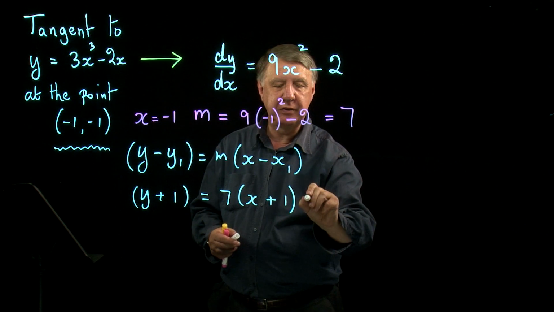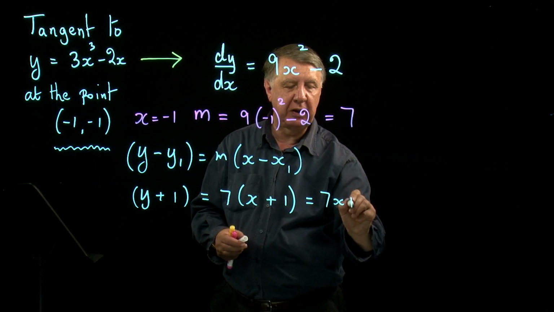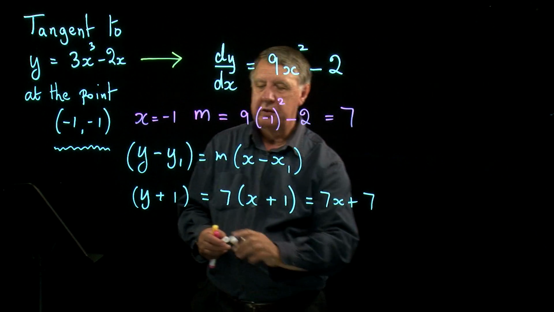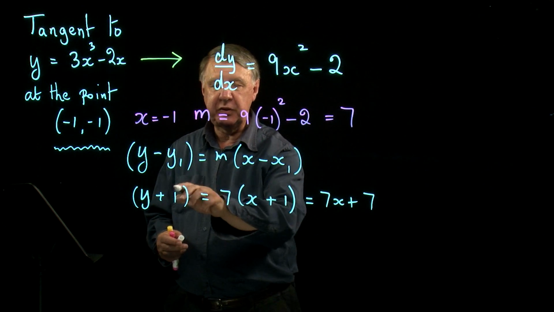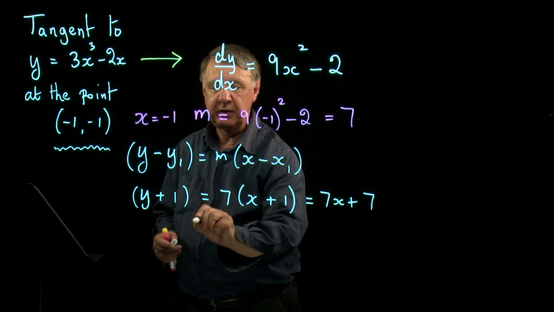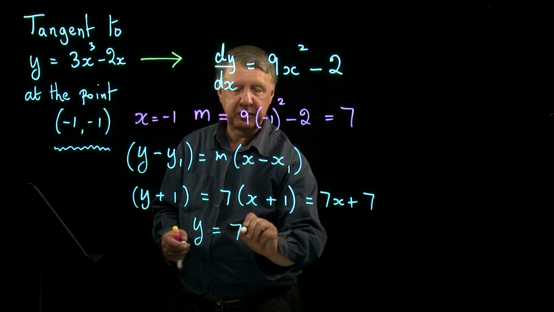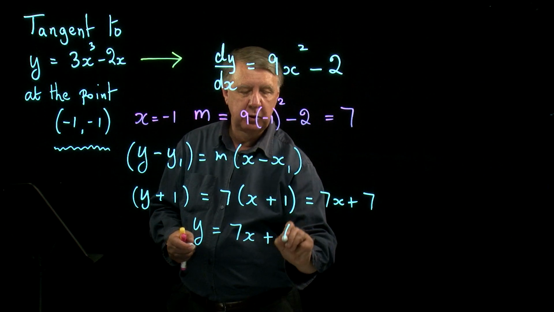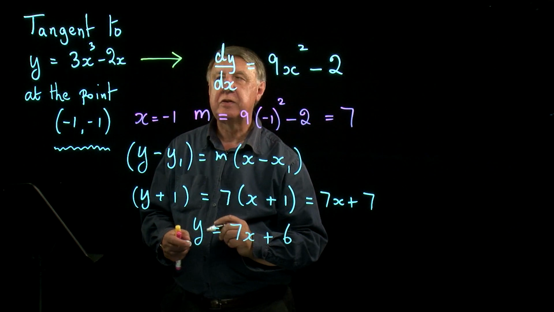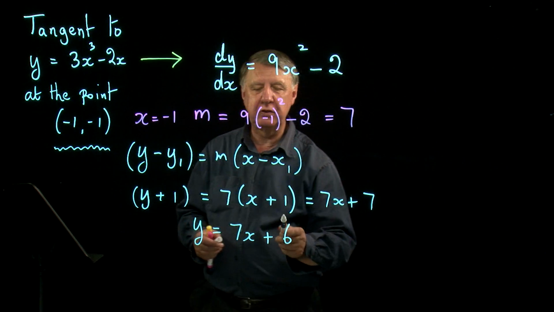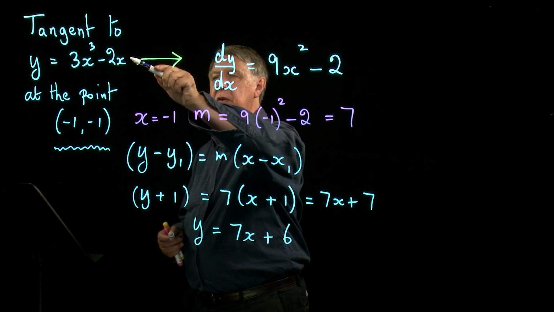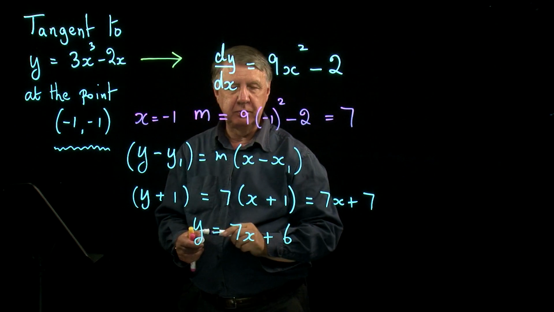Multiply out the bracket, 7x plus 7. Take 1 away from each side, and we end up with the final equation, y equals 7x plus 6. So that is the equation of the tangent to this curve at this point.